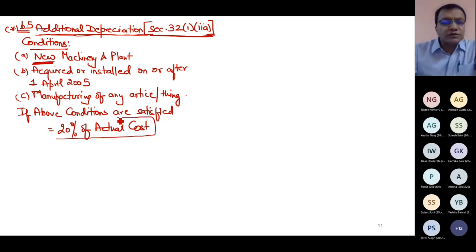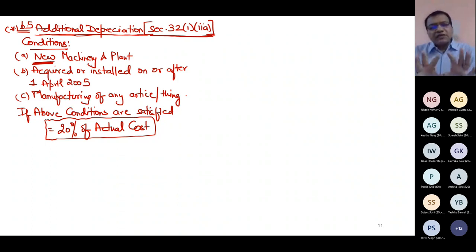Why is this allowed? Because new technology, new machines help in saving electricity. New technology, new machines will help reduce accidents in the factories. New machinery, new plants will help in reducing noise pollution, might be water pollution. So whenever you use old technology, there is a loss to society.